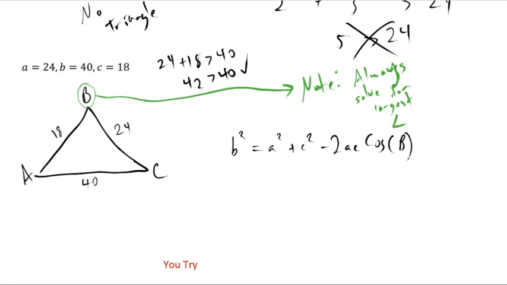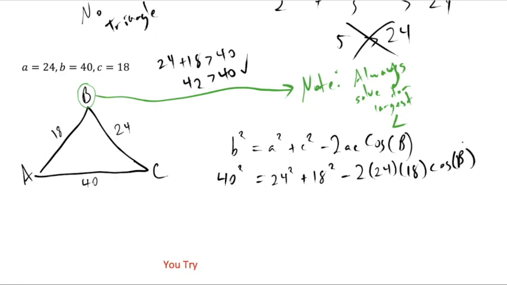I know the sides of A, B, and C, so I'm going to start plugging things into the equation. We know that side B is 40, so this will be 40 squared equals 24 squared plus 18 squared minus 2 times 24 times 18 times the cosine of B. This B is what we are solving for.